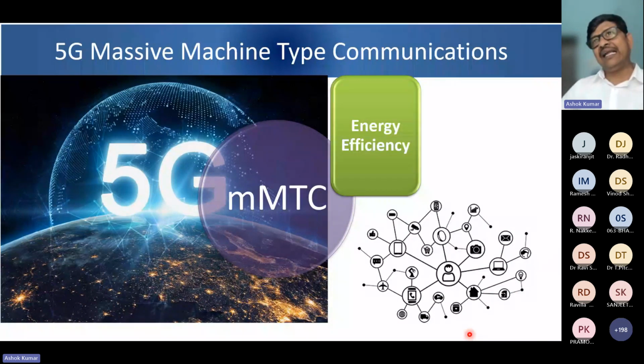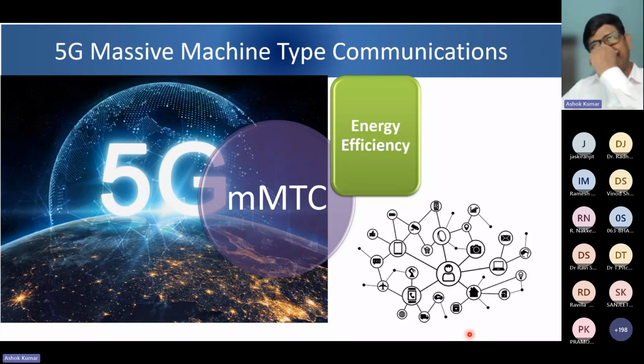So my battery life of those sensors has to be 5 years, 10 years, 15 years, depending upon the use cases. And this is only possible when I have a very, very efficient network and also very, very efficient IoT sensors, right?